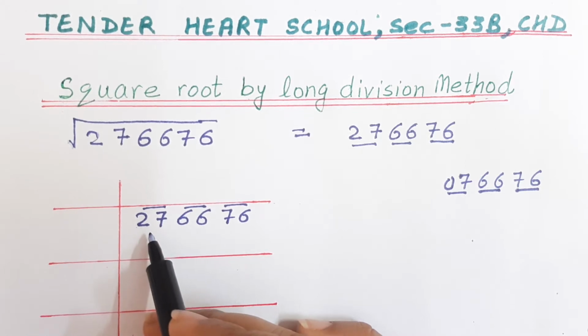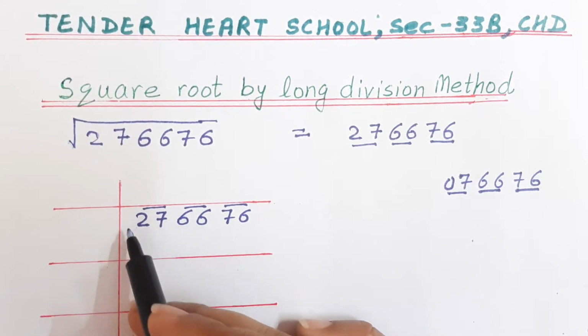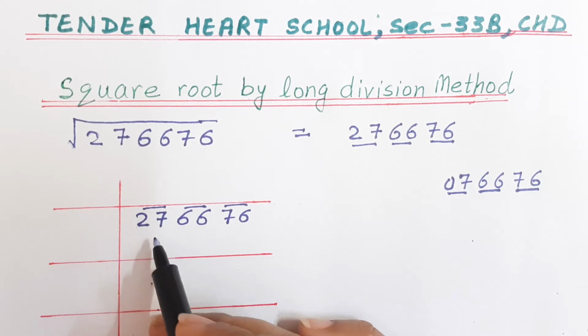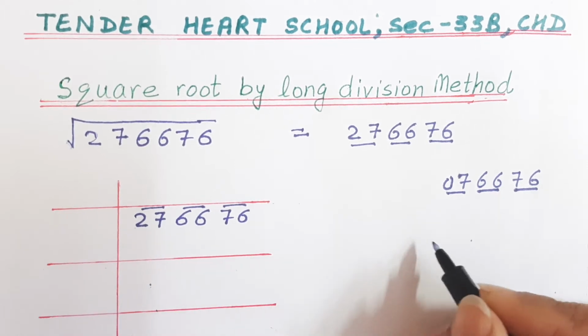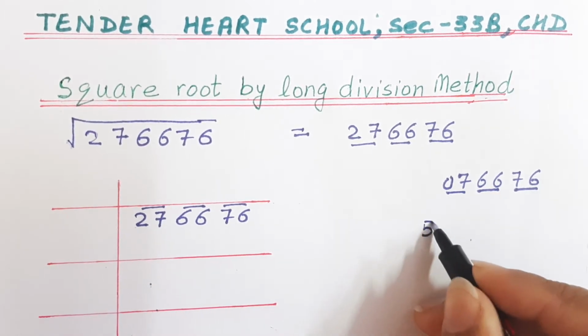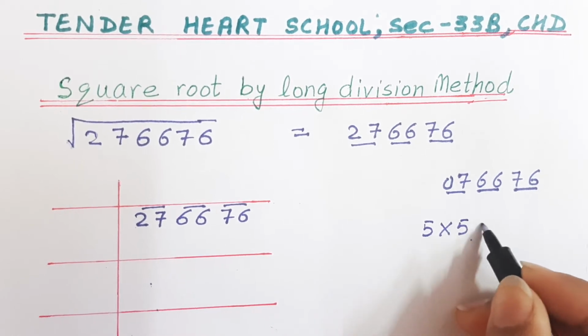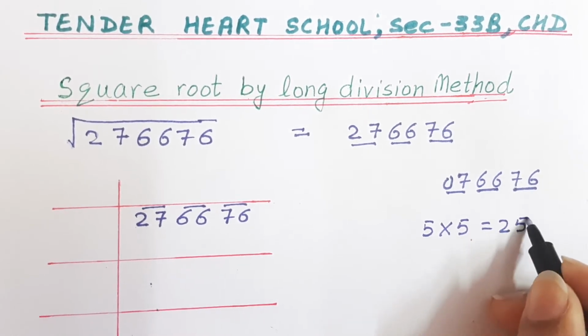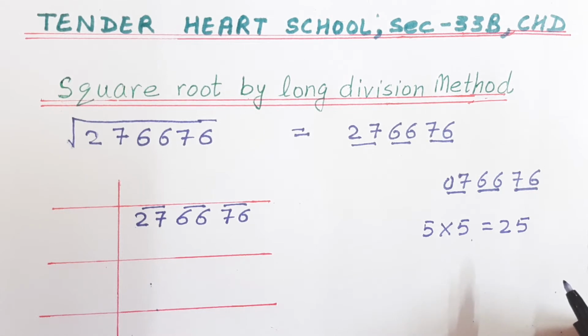Now students, we know that 27 is not a perfect square. But we know that 5 multiplied by 5, that is 25, is a perfect square.